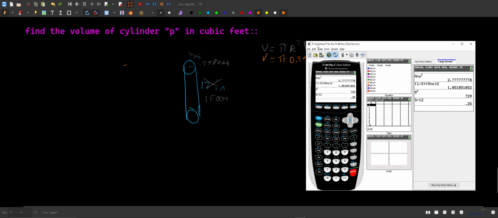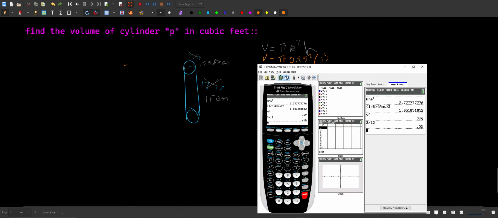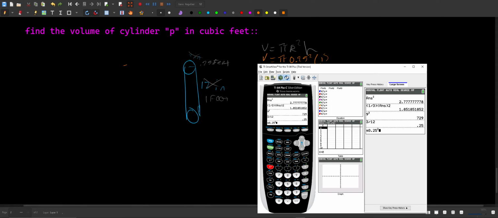So just going to pull up the calculator here. Now we're going to do second up arrow to get the pi. Then we want the radius, so 0.25 squared.